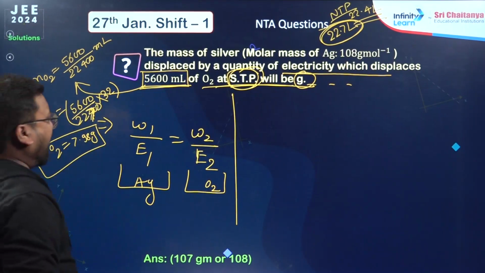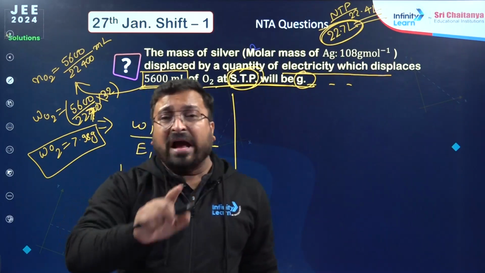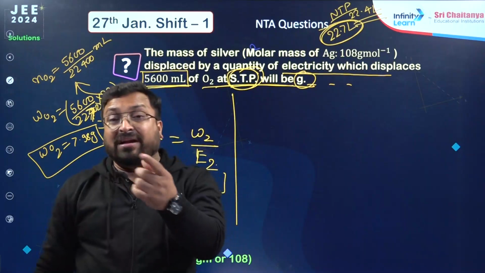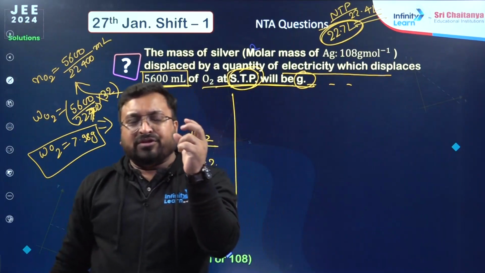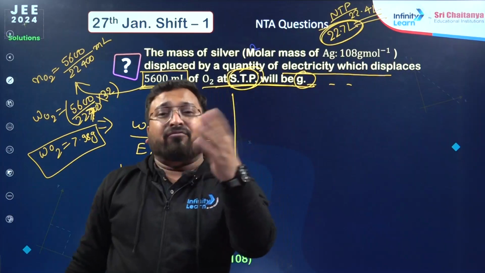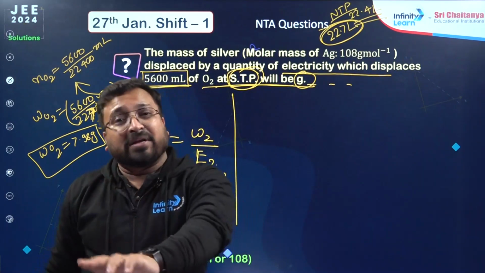Okay, and you have learned the concept of equivalent weight. So what was the basic definition of equivalent weight? The weight of a substance or element that reacts or displaces 1 gram of hydrogen, 8 gram of oxygen and 35.5 gram of chlorine.